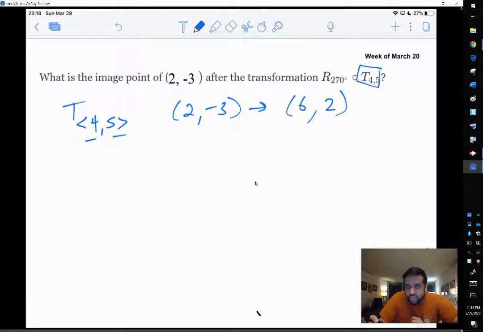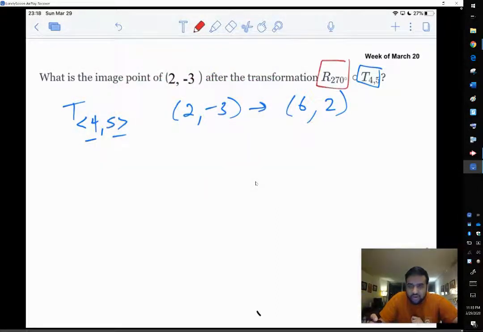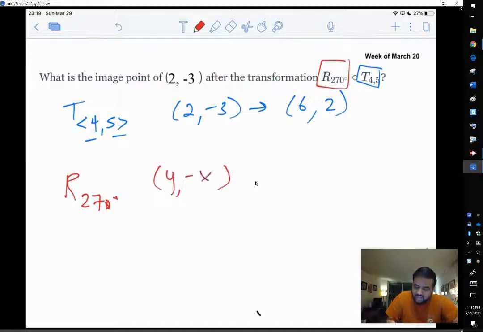We're then going to apply the second operation, which is R 270. Now we have two transformations that start with R. They are reflection and rotation. Because it says 270, it should probably be a rotation, right? So we always assume counterclockwise. So the rule for a counterclockwise 270-degree rotation, if you recall the rule for that, is y comma negative x.